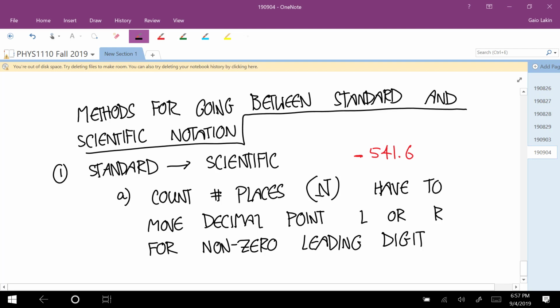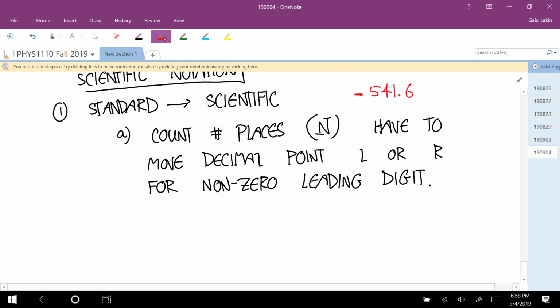Okay, so in the example, to have one leading non-zero digit, we have to move the decimal point 2 places to the left. So n is equal to 2. And we have to move to the left.